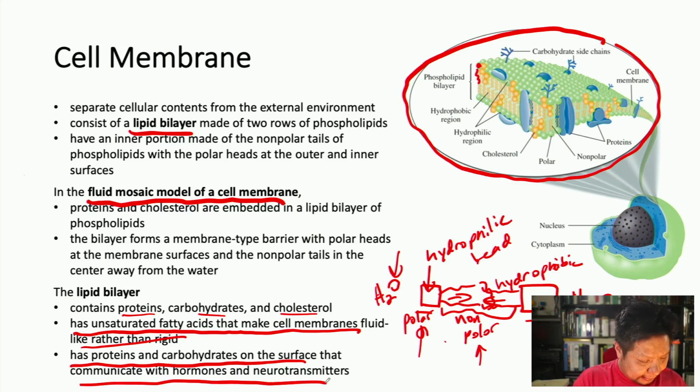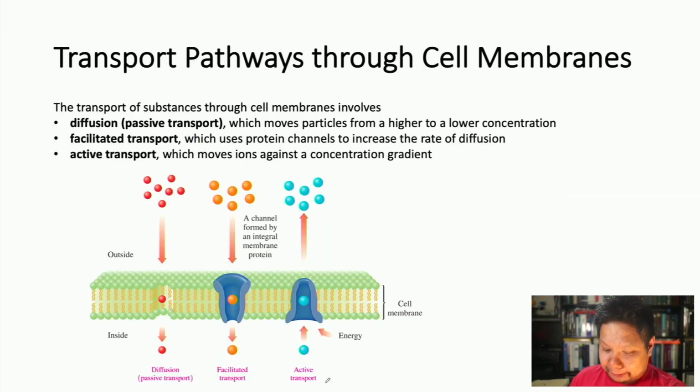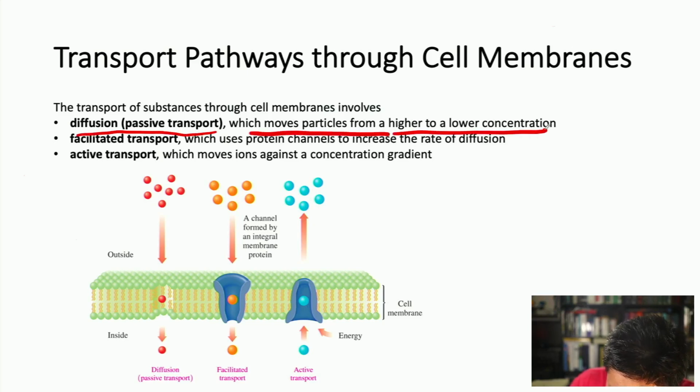And then our very last slide, a little bit more detail about transport through cell membranes. There's diffusion, which is also known as passive transport. Particles move from a higher concentration to a lower concentration, and we've talked about this before with osmotic pressure, being hypotonic, isotonic, or hypertonic to the surroundings.